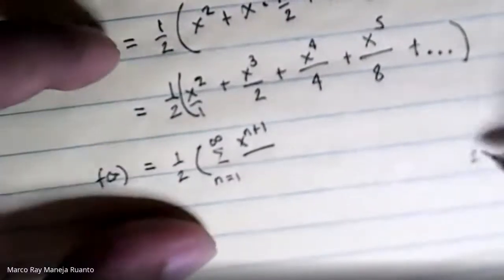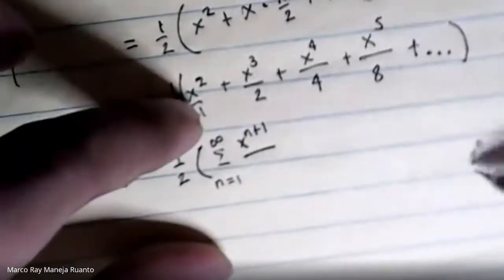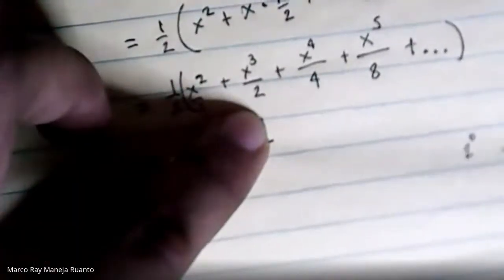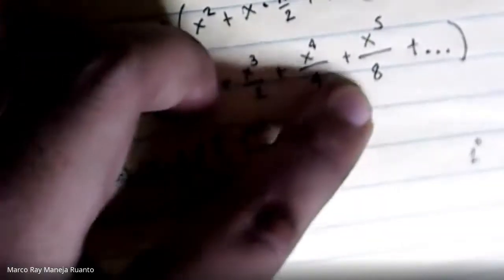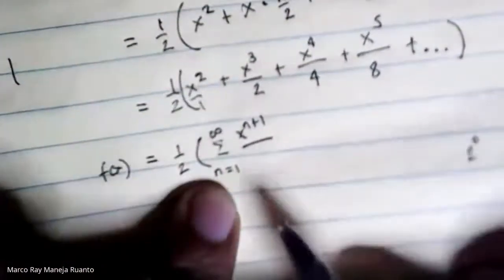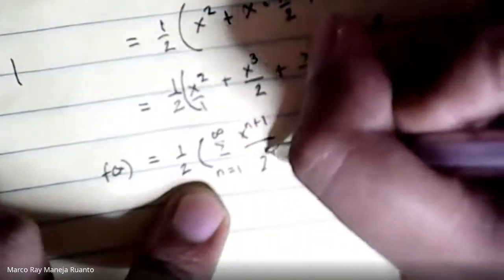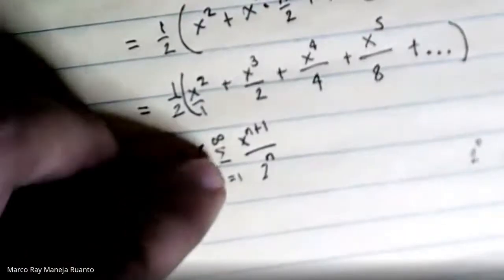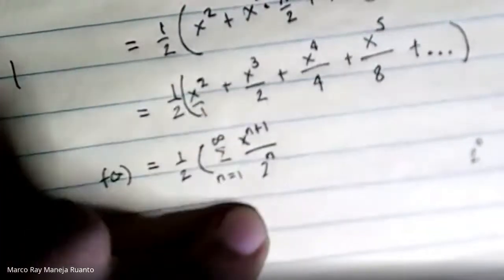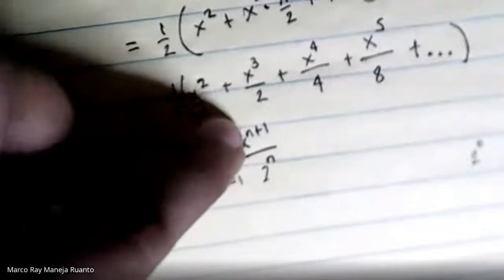Pila ang value sa n? So, we say 2 to the power of 0. Diba? Ang sunod dayon, 2 to the power of 1. Ang sunod dayon, it's 2 to the power of 2. And sunod dayon, it's 2 to the power of 3. Okay? So kung 2 to the power of 0 when n is 1, so definitely this becomes 2 to the power of n minus 1.